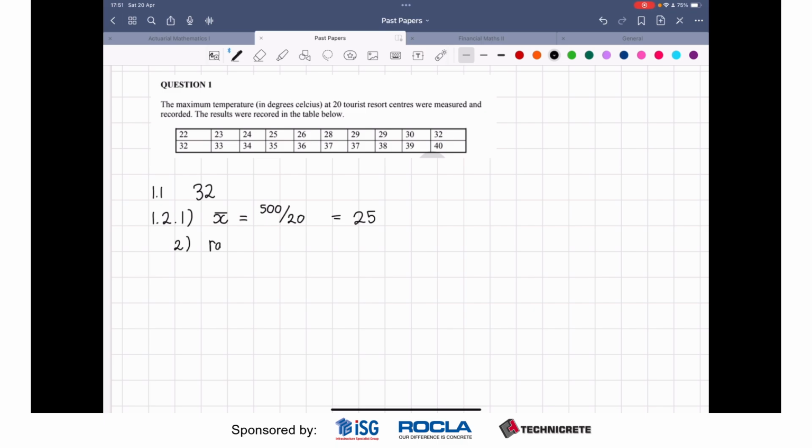So the range is just the biggest number minus the smallest number. So that is 40 minus 22, which is 18 degrees.